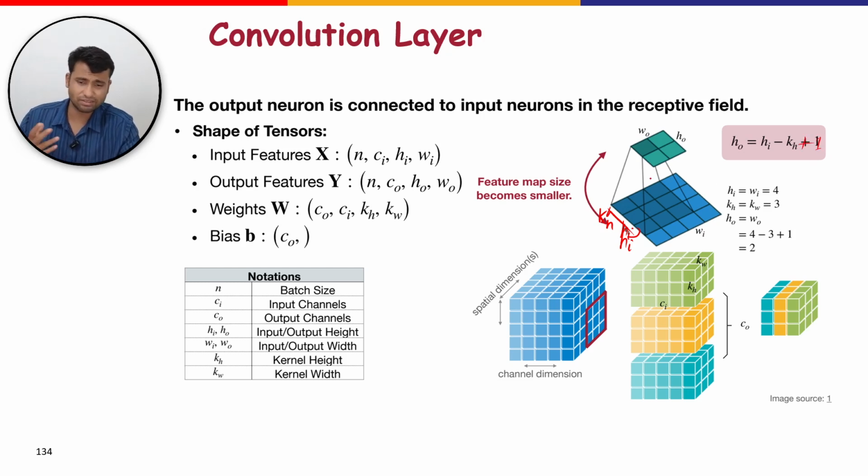It's very straightforward to think about how many possibilities I have to move. If this is the starting point of the filter, then this point can at max reach up to the input size minus KH, and then we need to add 1 in order to compensate for the extra box we had calculated earlier. You just need to pause the video and think about it. It's a very simple, straightforward formula. So based on that formula we get Ho equal to Wo equal to 4 minus 3 plus 1, which is 2.